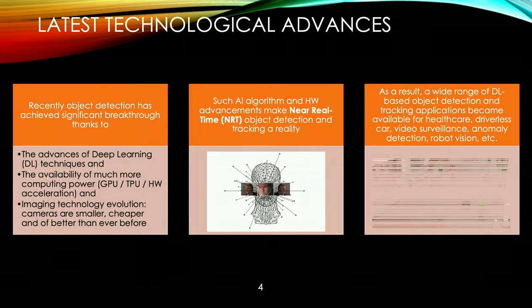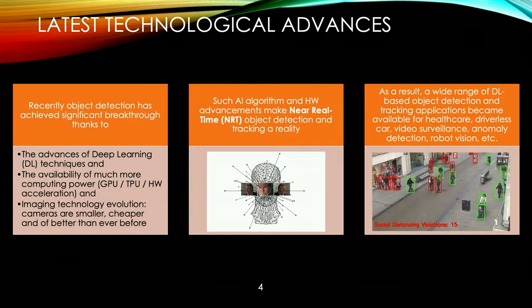Thanks to the latest advances in deep learning techniques and the availability of much more computing power, like GPUs and hardware acceleration, as well as smaller, cheaper, and better cameras and imaging techniques, object detection has achieved a significant breakthrough recently.